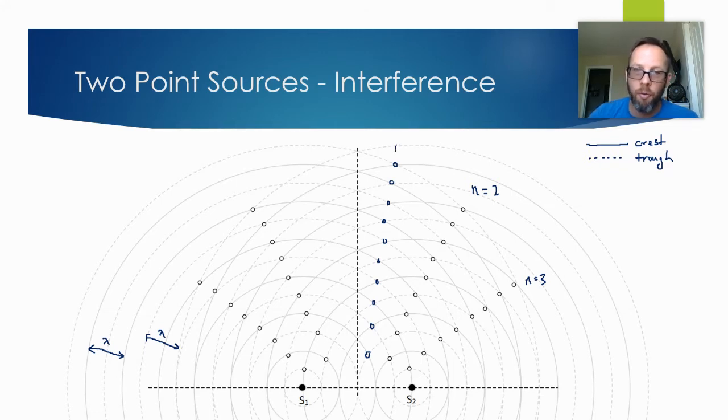So there's our first nodal line, and we get another nodal line on the other side too. We just call it the first nodal line too. Because of the symmetry, we don't say the nodal line to the left or the nodal line to the right. We just say the first nodal line. So n equals 1, n equals 2, n equals 3.